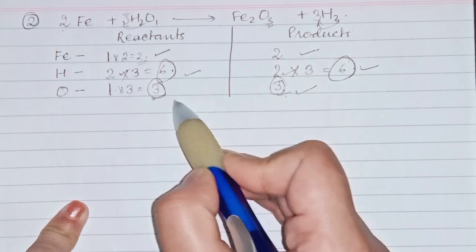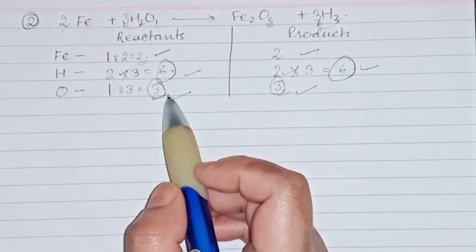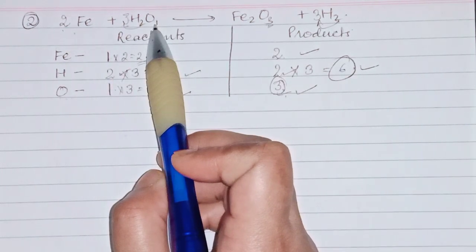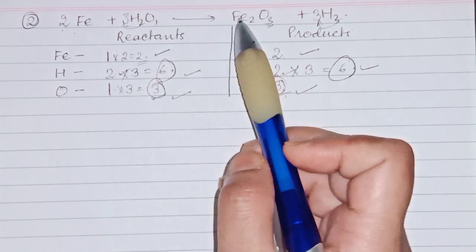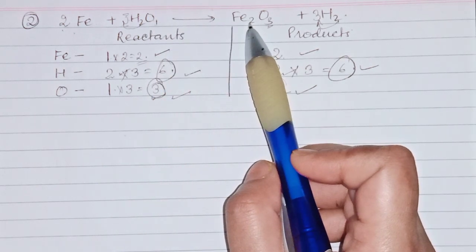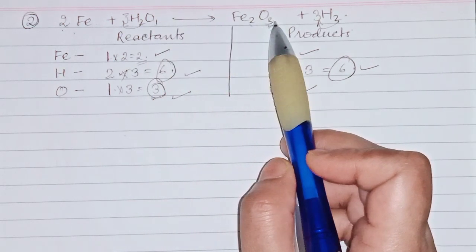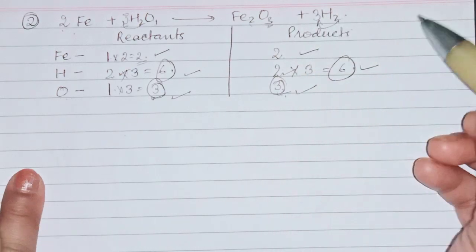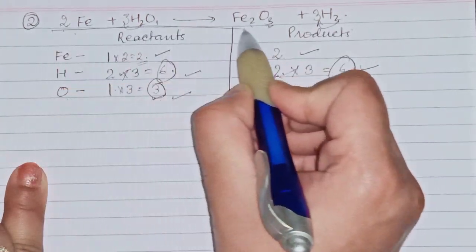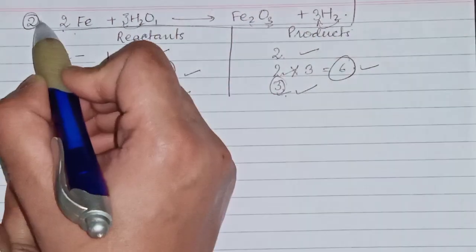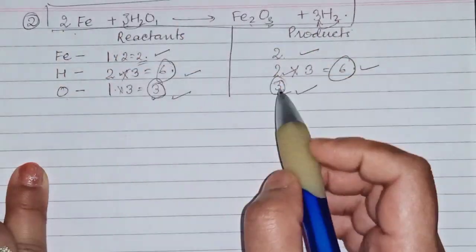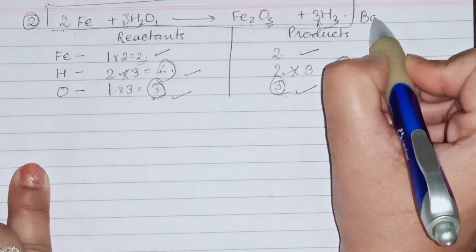So it is balanced. So you can say that 2Fe plus 3H2O gives Fe2O3 plus 3H2. Now you can say this equation is a balanced chemical equation. Okay, it is balanced.